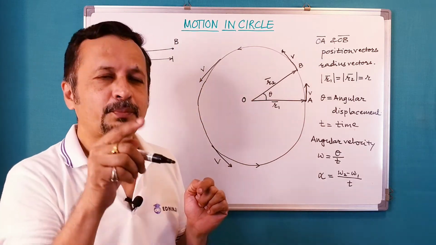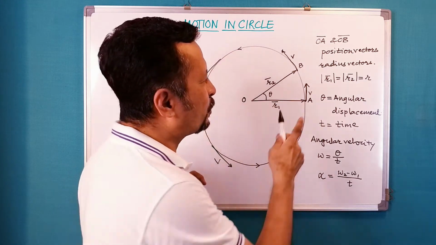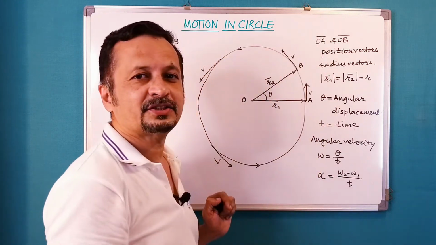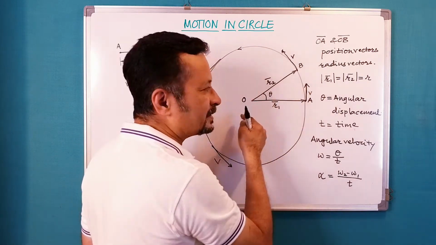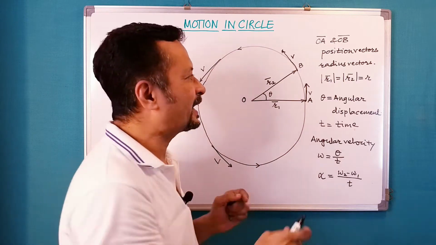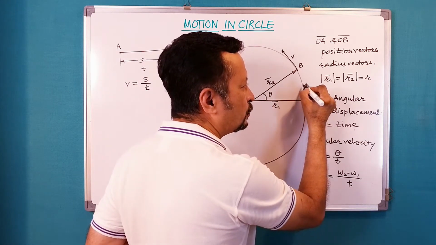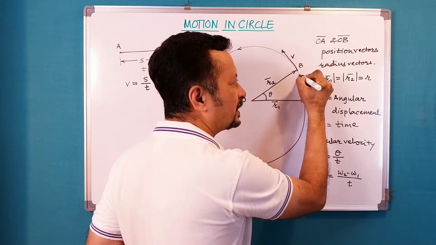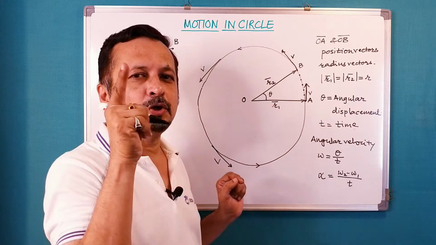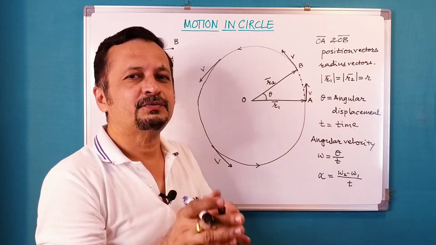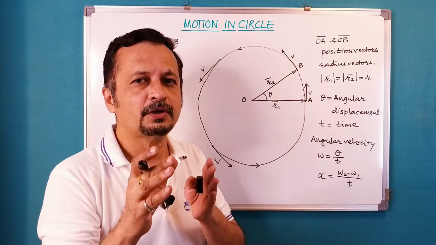Correct? The point is, when this particle is over here, it wants to go in the tangential direction, but there is something which pulls it back and holds it onto the circular path over here, over here, and so on. So the role of this acceleration would be to keep the particle moving along the circular path.